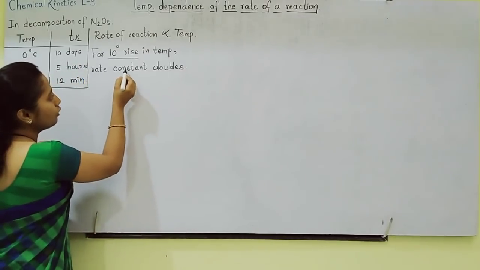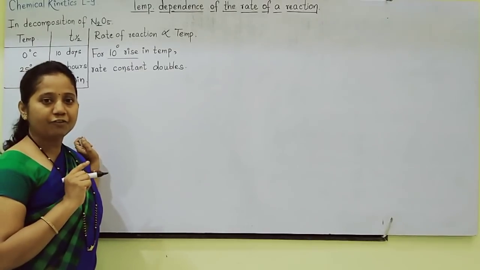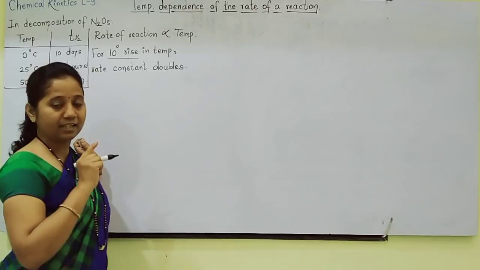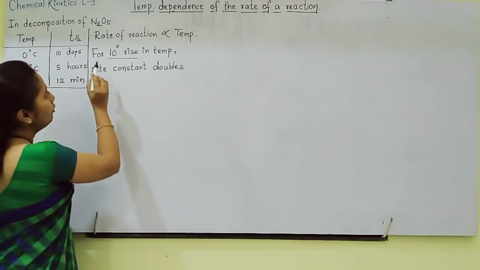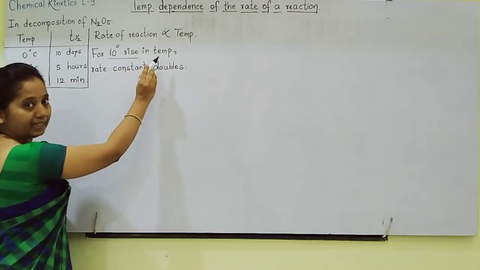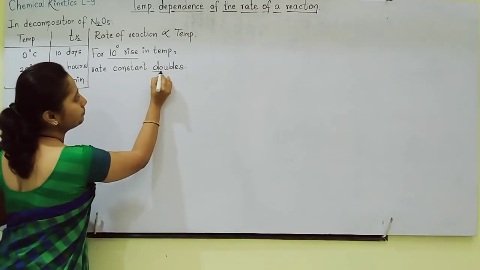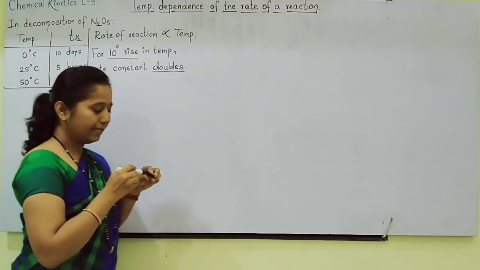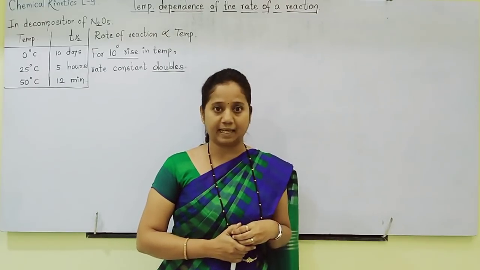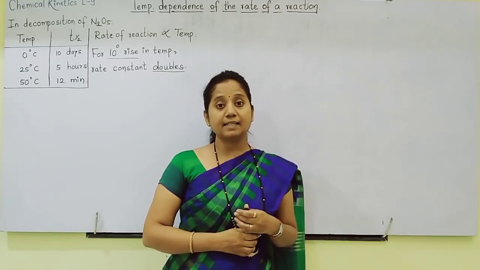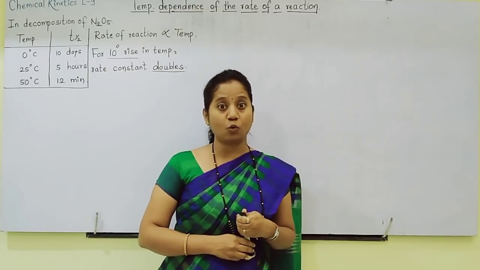Here rate constant means the symbol K, remember. Rate of reaction we are going to measure here using rate constant. So you may also say that for a 10-degree rise in temperature, rate of reaction doubles. Rate of reaction here is measured in terms of rate constant K. This is expressed in terms of temperature coefficient.